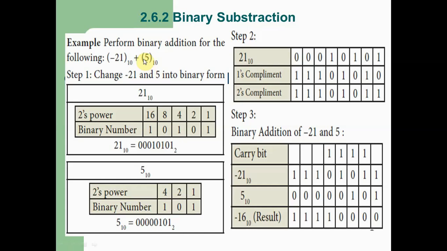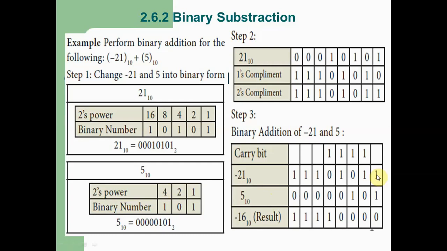Using the one's or two's complement method, convert this negative number into a binary number, and then find the binary value for 5.